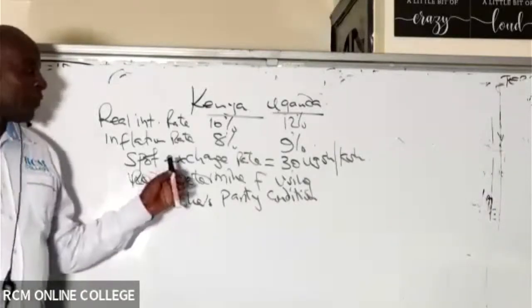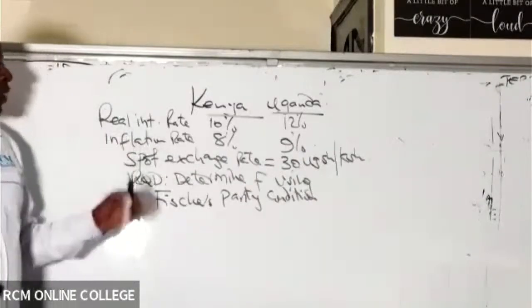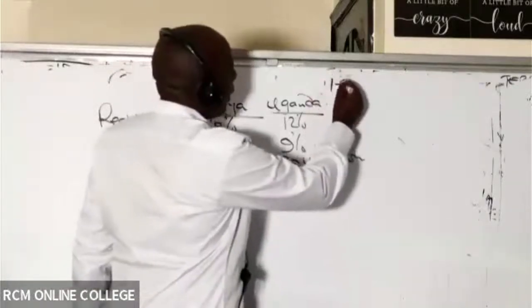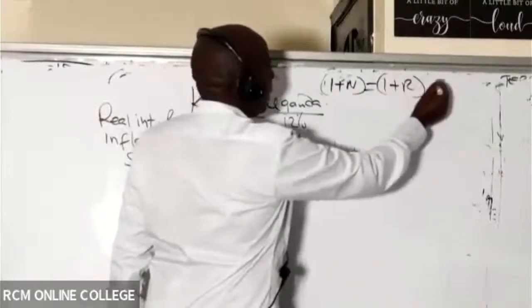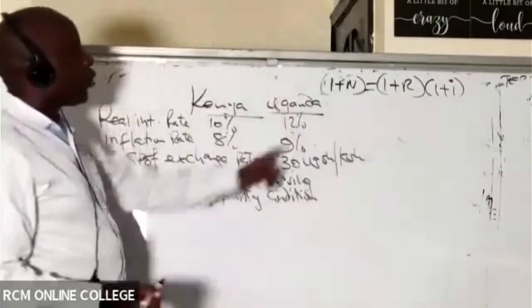Na uzuri mshafanya Fisher's equation na Mwalimu David. Ukaambiwa Fisher's equation na Mwalimu David akakwambia namna hii. Fisher's equation tunasema 1 plus nominal equals 1 plus real into 1 plus inflation. Please write it in full. This is 1 plus nominal.